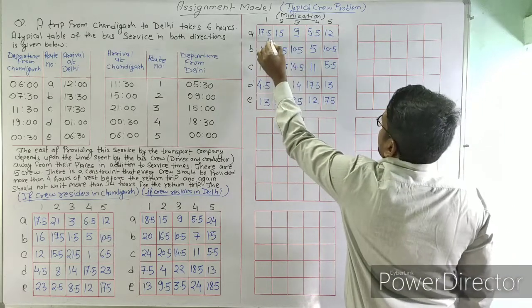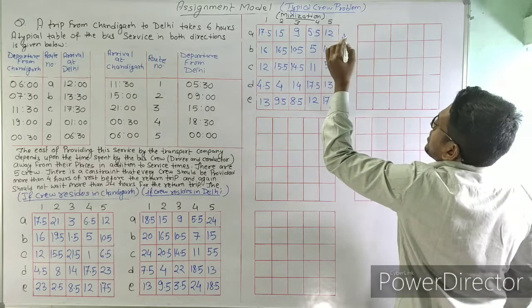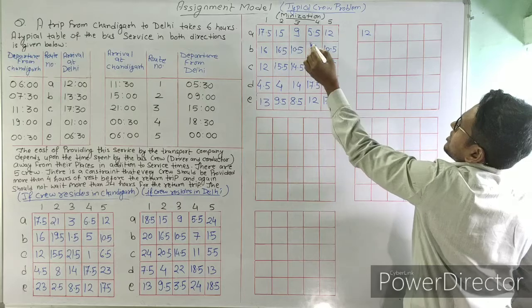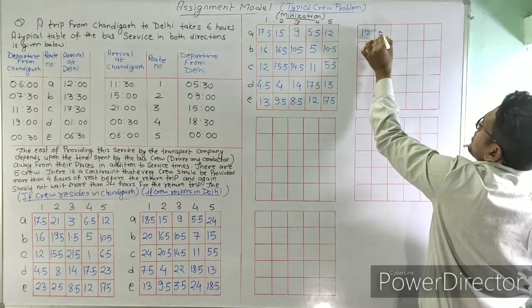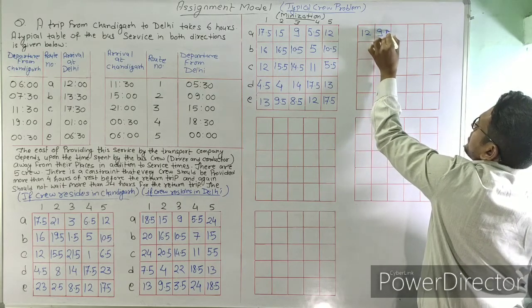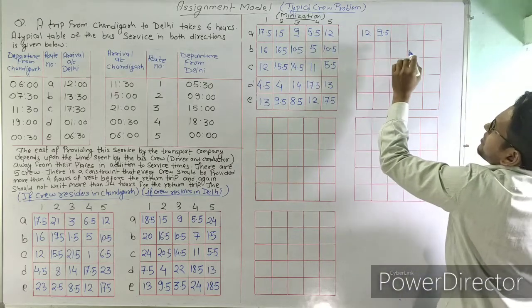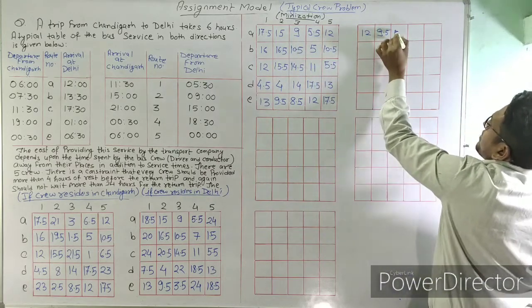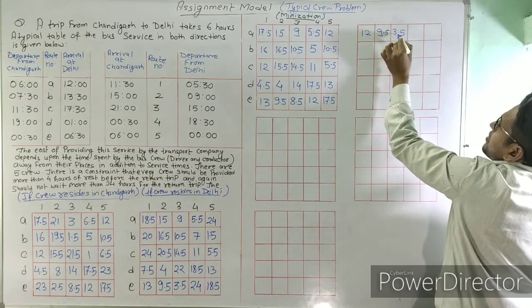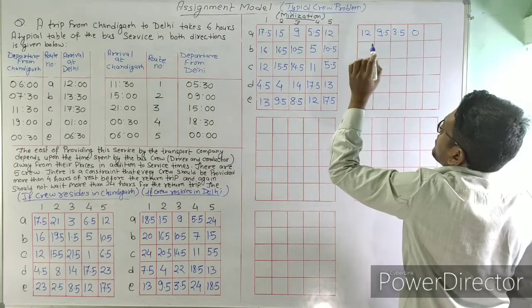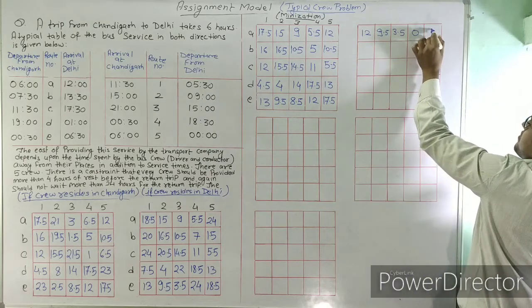So 17.5 minus 5.5 is 12. 15 minus 5.5 is 9.5. 9 minus 5.5 is 3.5. And 5.5 minus 5.5 is 0. 12 minus 5.5 is 6.5.